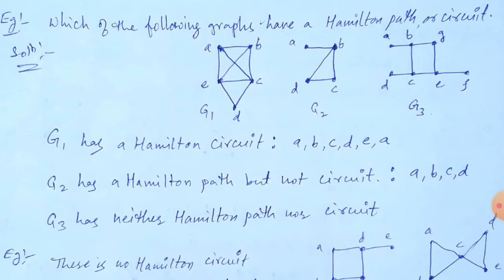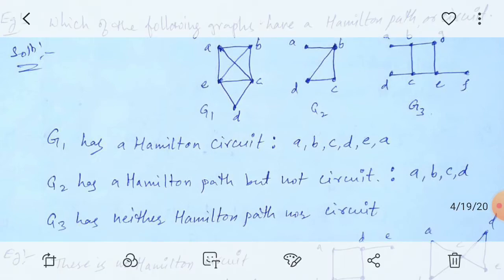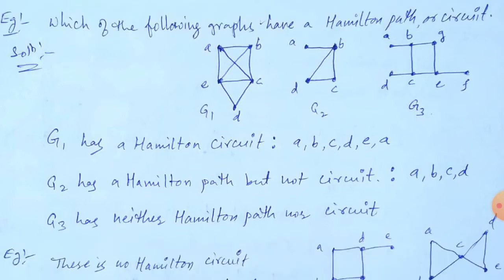We have not visited edges A to C, B to E. Okay, that means in a Hamiltonian circuit we may omit edges, but cannot omit edges in Euler.